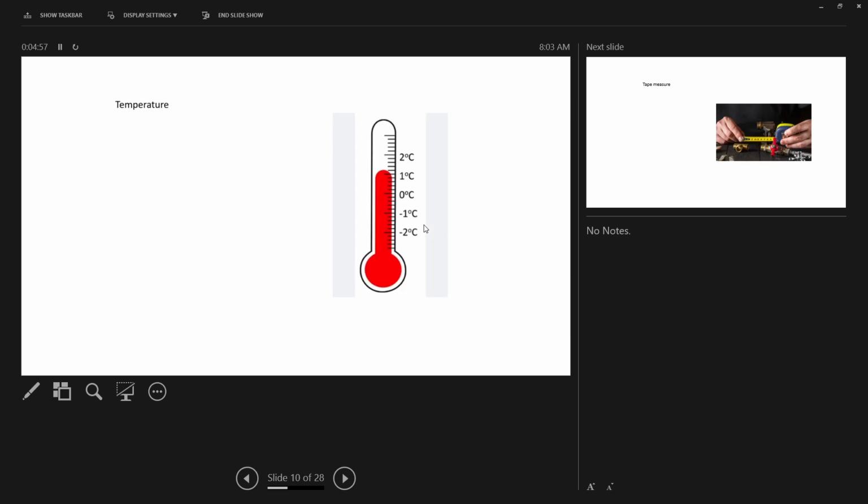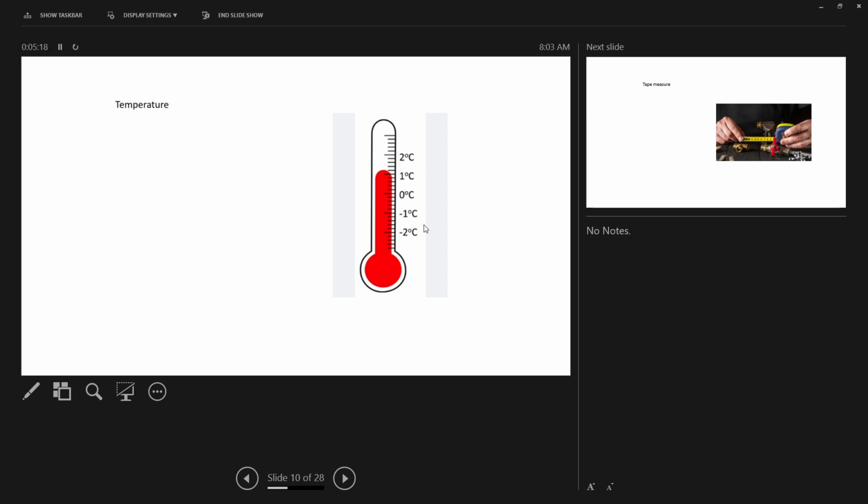There are many examples in life where we use line coordinate system. The temperature. As you can see, the temperature is measured using line coordinate system.